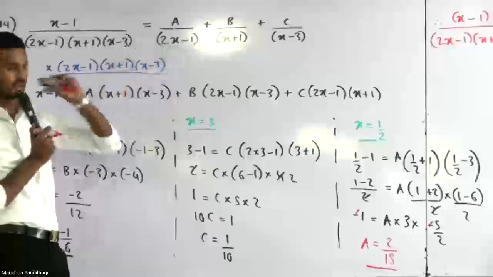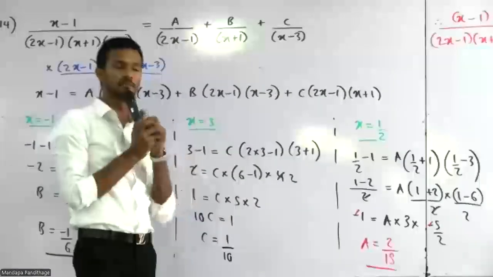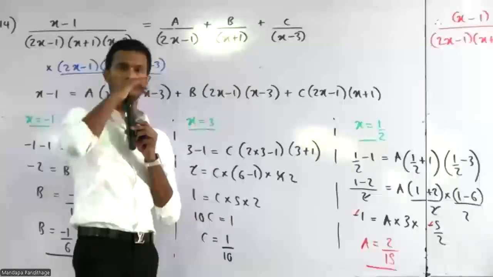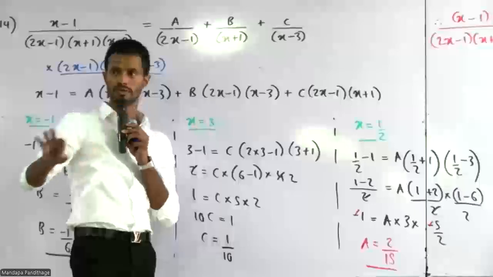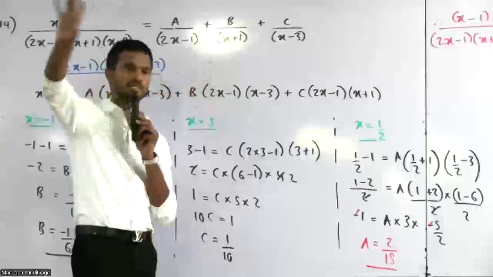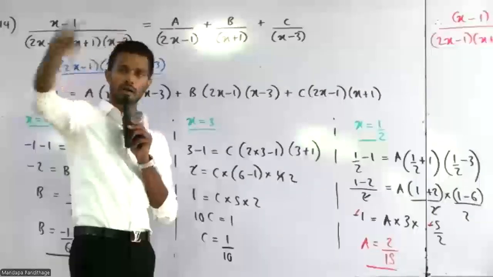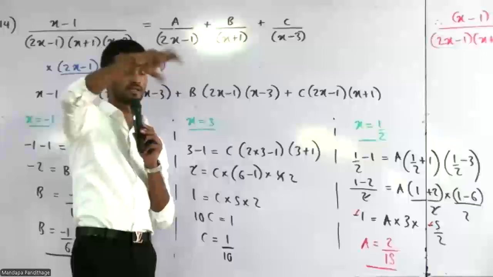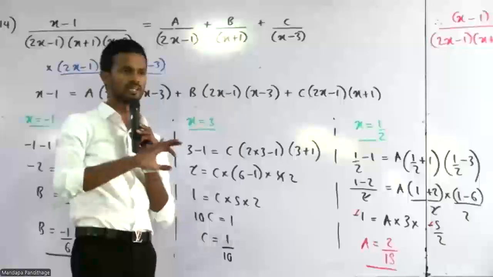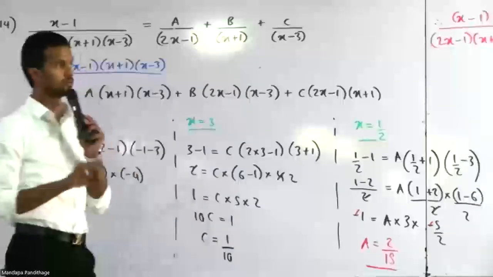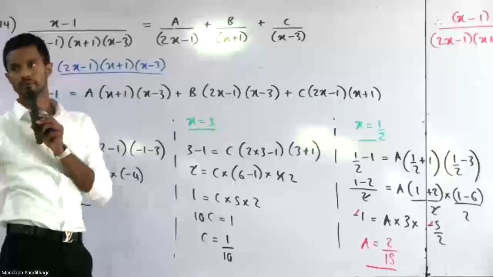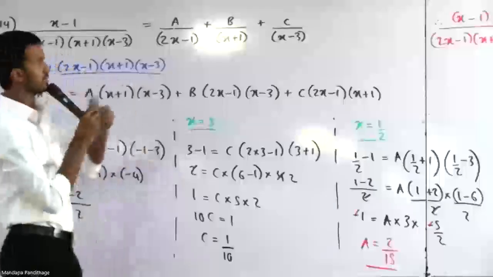So what you can do, like every time I mention, do the simplification according to your level. By now, you know whether you are good in simplification, moderate, or weak. Forget about your logical thinking and analytical thinking, you know your capacity in terms of simplification. So always I'm telling you, do the simplification not according to your friend's level, but according to your level.